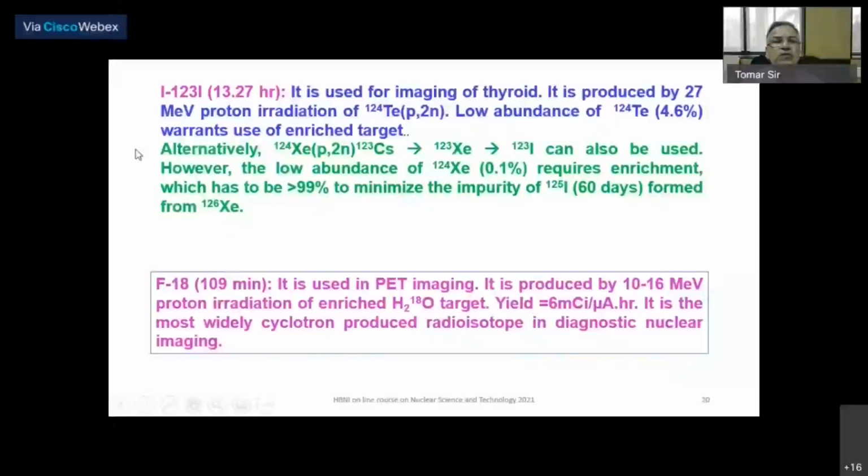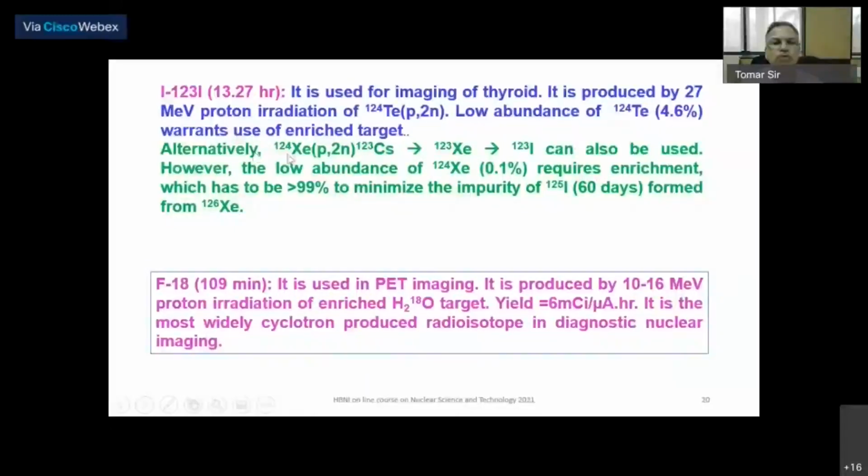123 iodine is another isotope used for imaging of thyroid. It is produced by 27 MeV proton irradiation of 124 tellurium (p,2n). Again, 124 tellurium has very low abundance, 4.6%, so you require an enriched target of 124 tellurium.